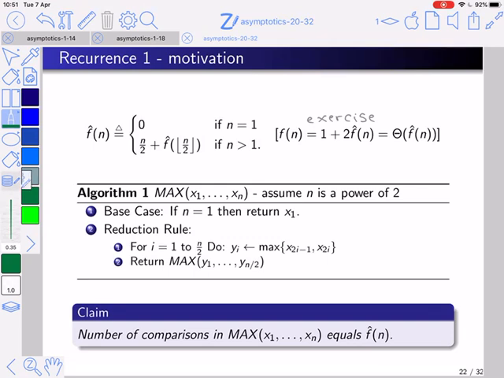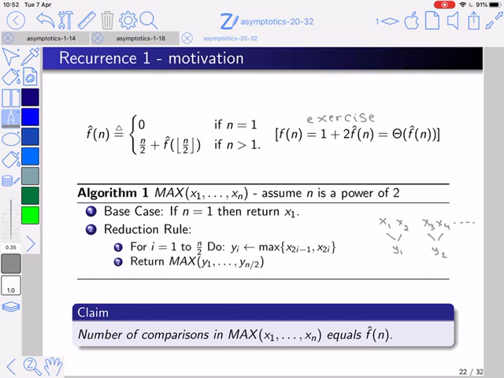Let's say you take x1 and x2, you take x3 and x4, and so on, and you compare them, and you let yi denote the maximum of x2i minus 1 and x2i. So y1 is the maximum of x1 and x2, y2 is the maximum of x3 and x4, and so on.